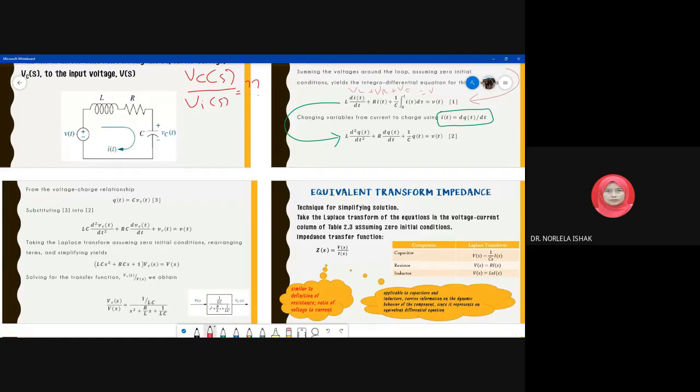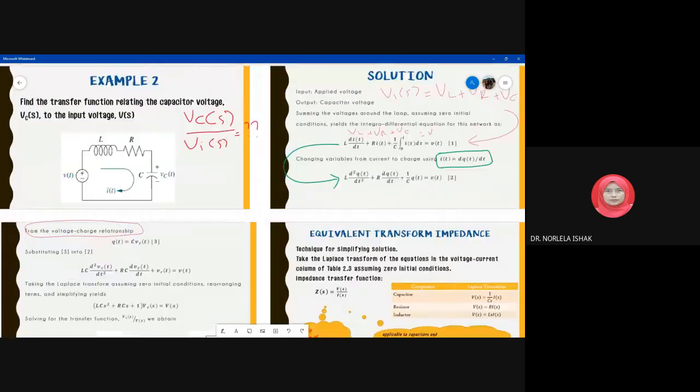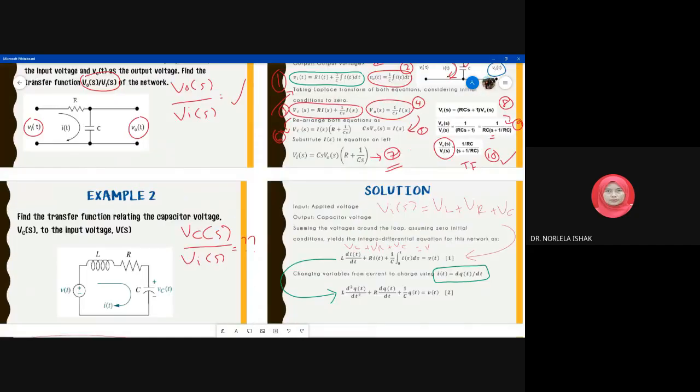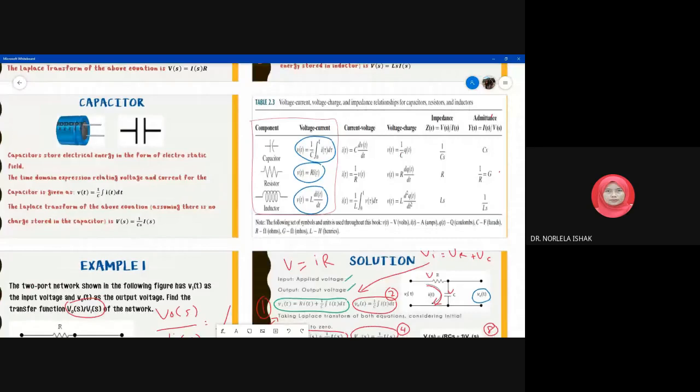I want to show you the voltage-charge relationship. Q equals what? Q equals C VC. So from this table, where is our charge? For the capacitor, 1 over C. Where is it just now?